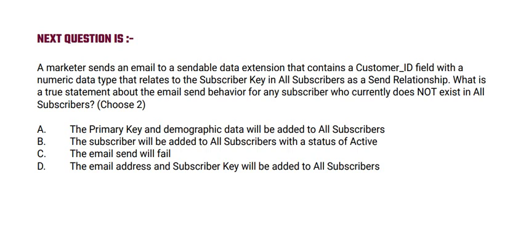Option C, the email send will fail. And option D, the email address and subscriber key will be added to All Subscribers. The correct option is option B and D.